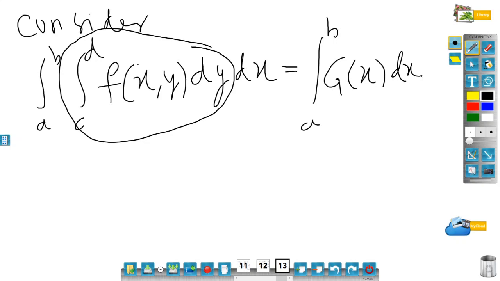But I know g of x is continuous, which implies it is R integrable.